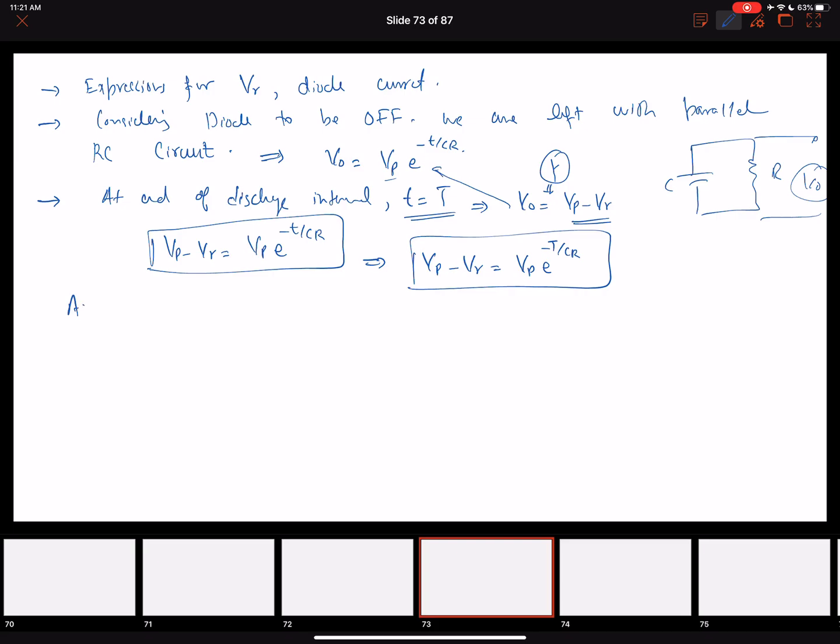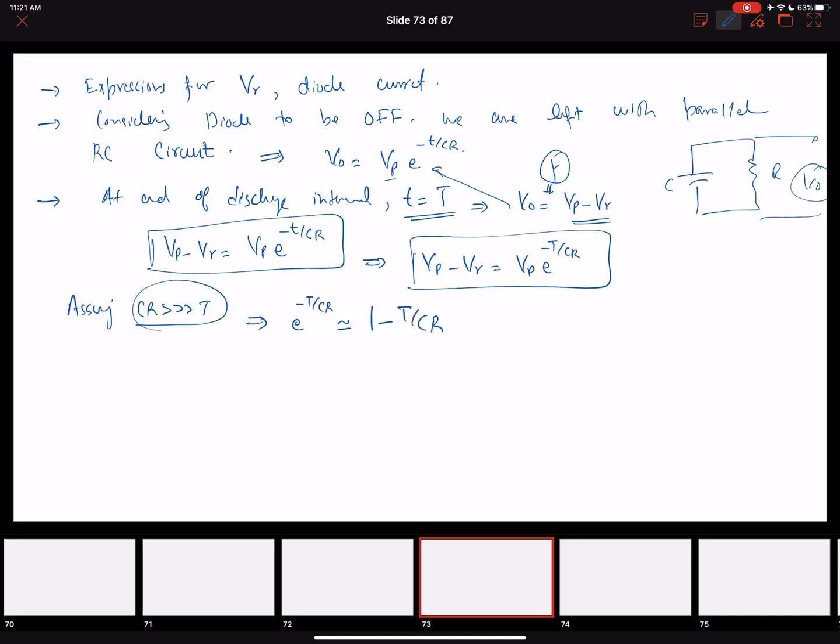Now assuming CR to be much larger than T, for this condition to be valid, we can use an approximation to simplify e raised to the power minus T over CR. It will be approximately equal to 1 minus T over CR.